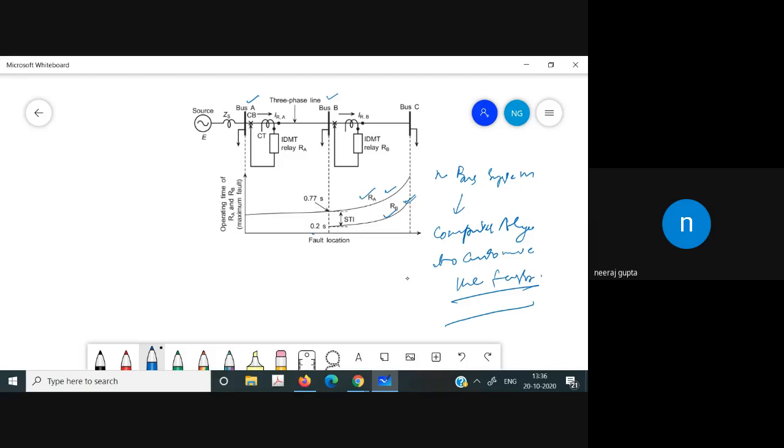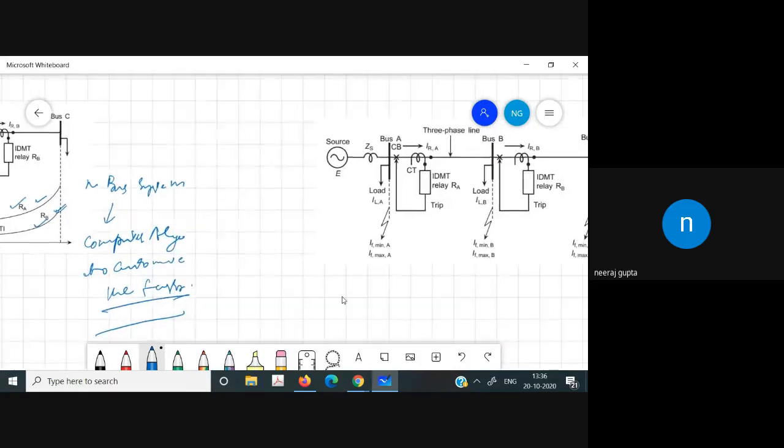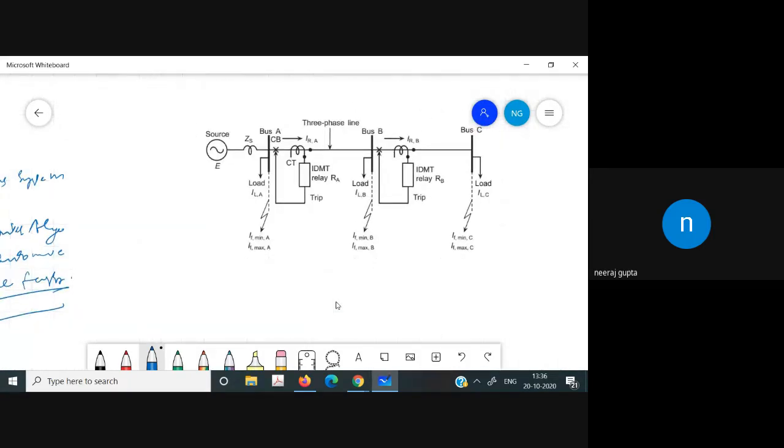So this is all about the setting of the relay. Here the whole of the system is given. We have the minimum and the maximum fault current at A and then at B. Whatever is given in the table is summarized here in the form of the figure.